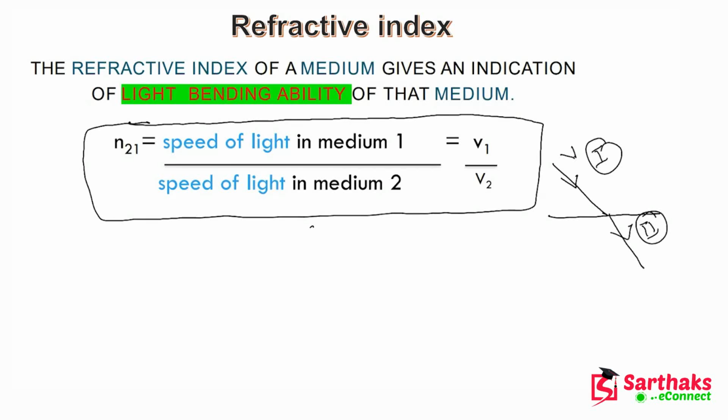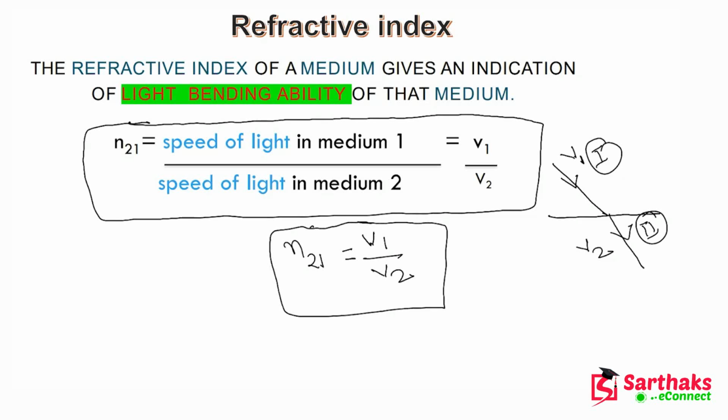Now let's suppose this is the velocity of the light ray in medium first, and this is the velocity of the light ray in medium second. If you have to figure out the refractive index of medium second, then you will simply write down the speed in medium first and divide it by the speed of light in medium second. And suppose this is V2.